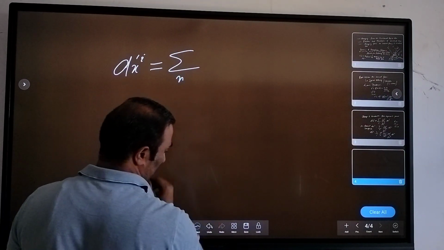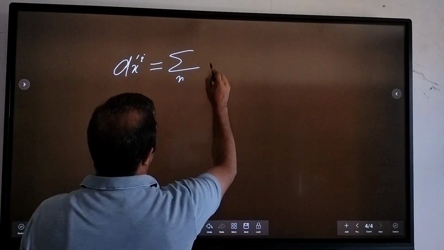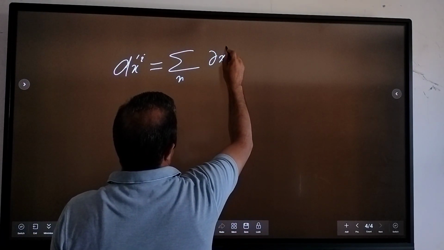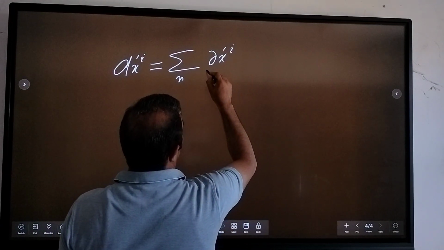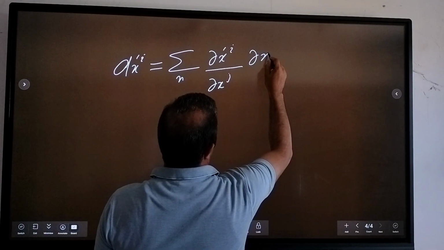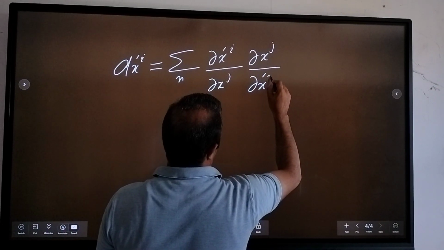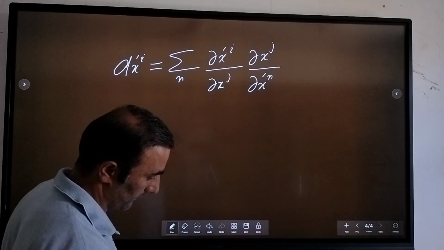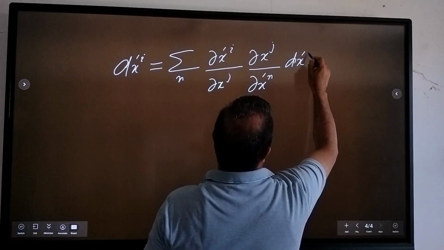Summation over n, that's equal to partial x prime i by partial x prime n, times dx prime n.